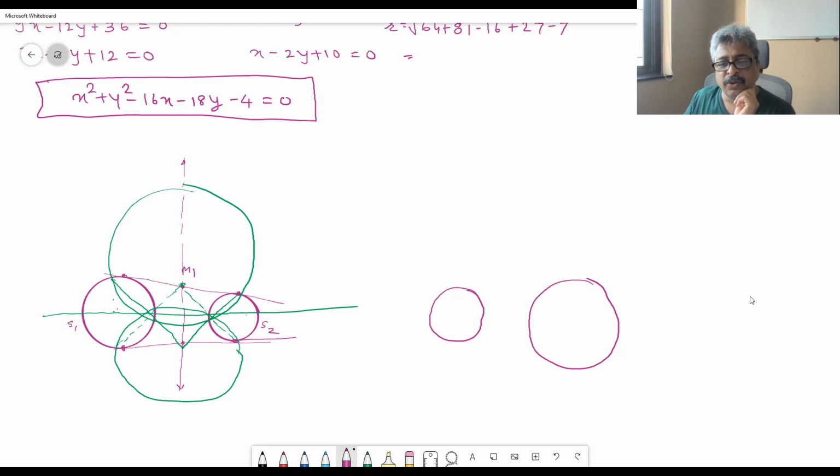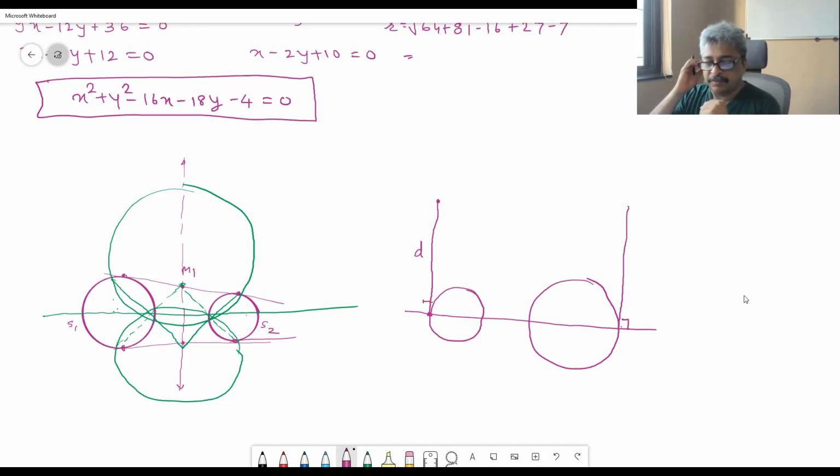Now what you can do is, from this point you draw a segment of any length which is perpendicular. Let that length be D. Exactly of the same length, you construct another perpendicular segment here.